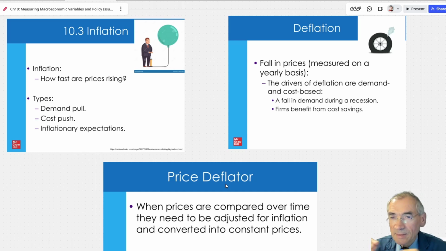It's not the price tag itself. This cost 110 years ago, and now it costs 180. But how did the prices increase? And then we subtract the prices. This is what it says here. When prices are compared over time, they need to be adjusted for inflation and be converted into constant prices.